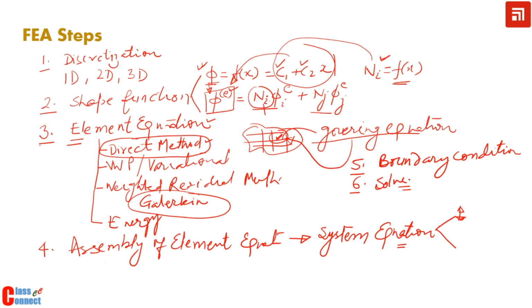This solution can be achieved through any of the standard solution methods to solve these algebraic equations. Gauss elimination method is the simplest one. We can use other methods as well, depending on the problem specifications or the type of system matrix we are going to get.